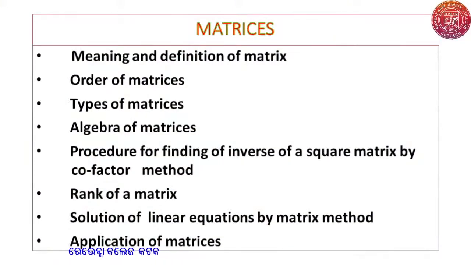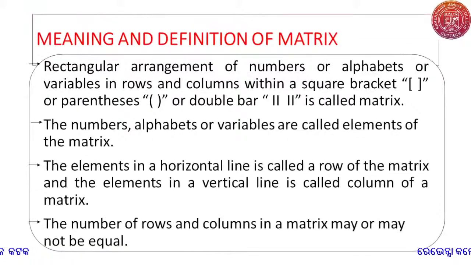The meaning is a rectangular arrangement of numbers or alphabets or variables in rows and columns within a square bracket, a parenthesis, or the double bar. That is called your matrix. And these numbers, alphabets and variables are called the elements of the matrix.